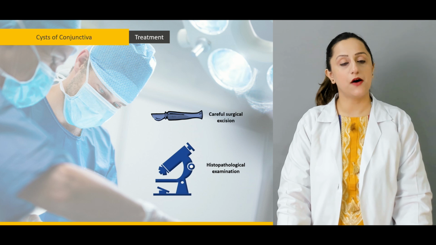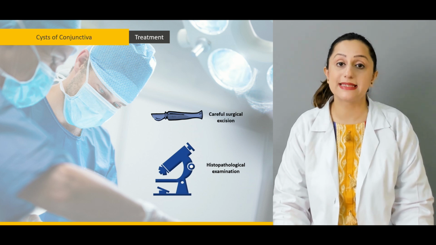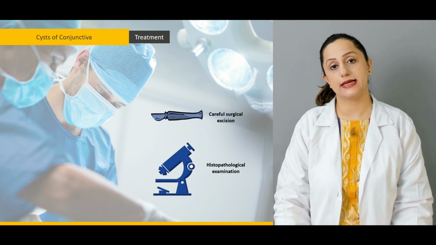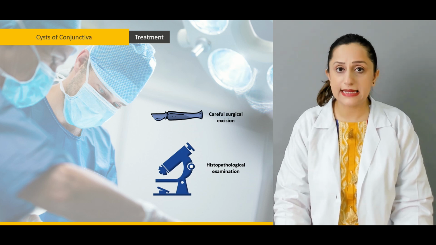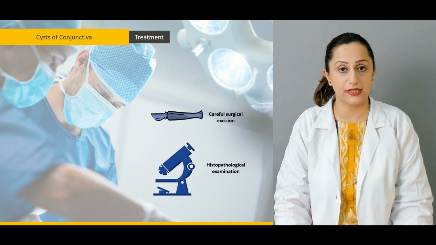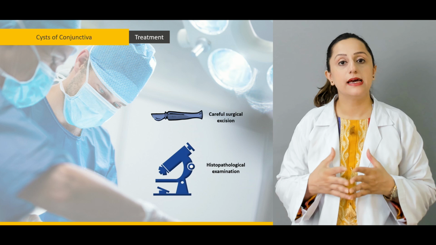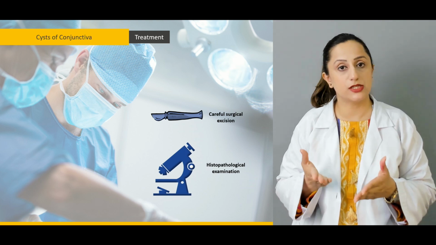And finally, after the surgical excision, we'll be sending this cyst for histopathological examination. That is basically the biopsy of the cystic lesion, and that is again going to reveal the final diagnosis in the individual.